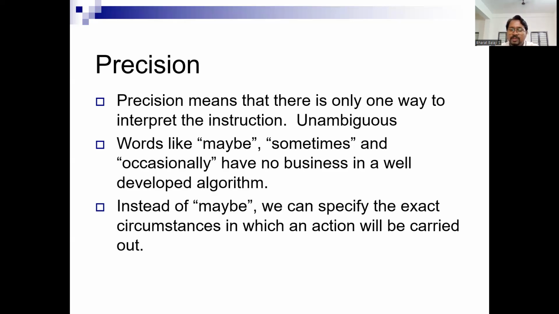The terms used in the algorithm must be without ambiguity, precise, without confusion, a direct and exact solution. Instead of maybe, we can specify the exact circumstances in which an action will be carried out.